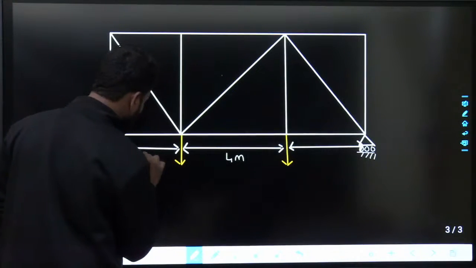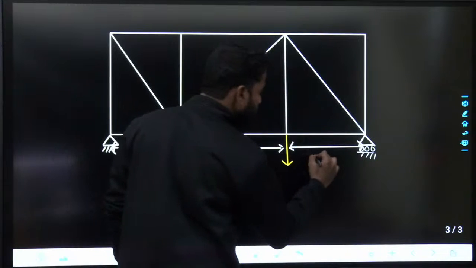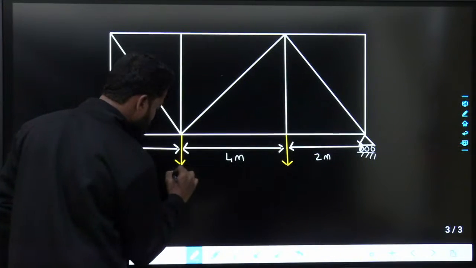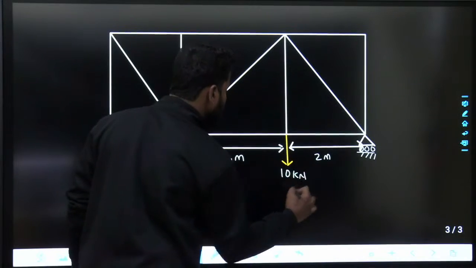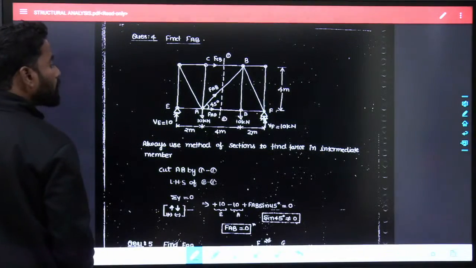Four meters, 2 meters, 2 meters, 10 kilonewtons, 10 kilonewtons. Height is 4 meters.